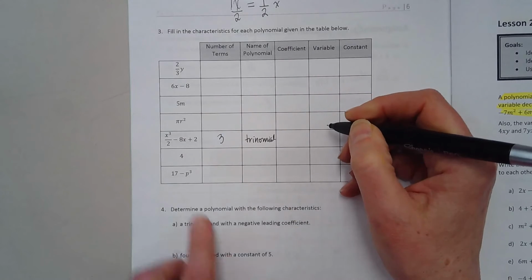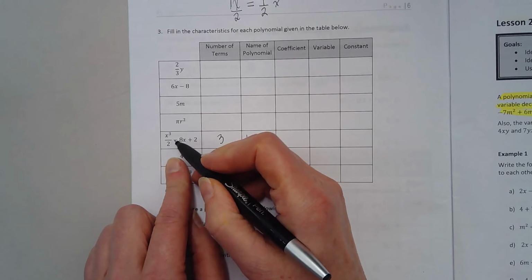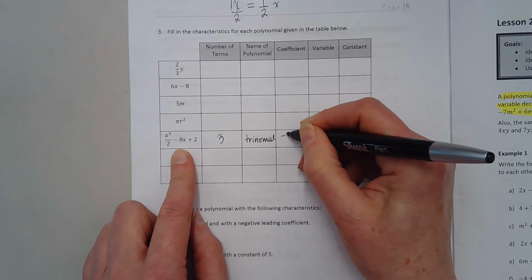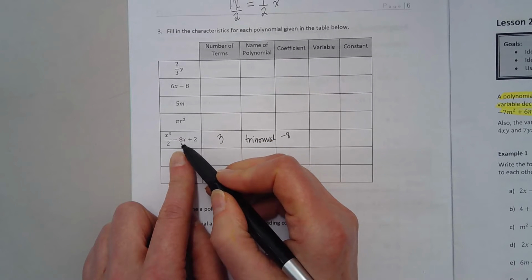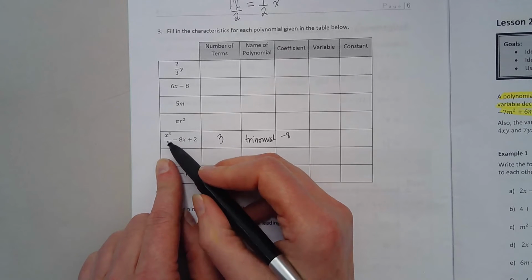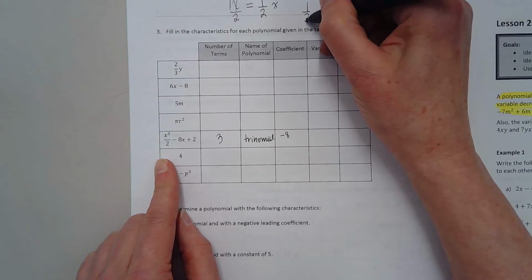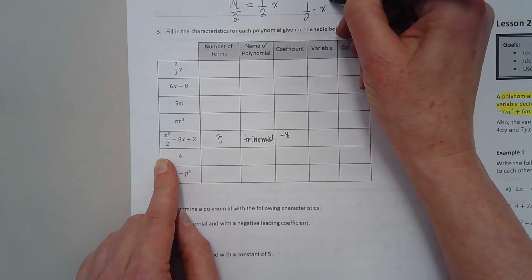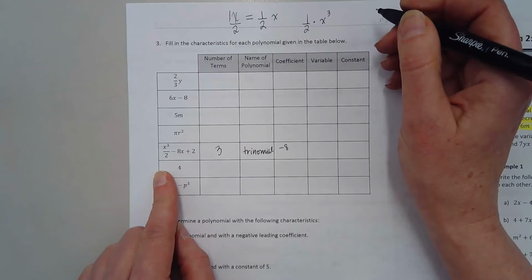Okay, there's a coefficient of -8 here, right? -8 is multiplied by the x, agreed? Yeah. And then the 1/2 is actually being multiplied by the x cubed. Okay?